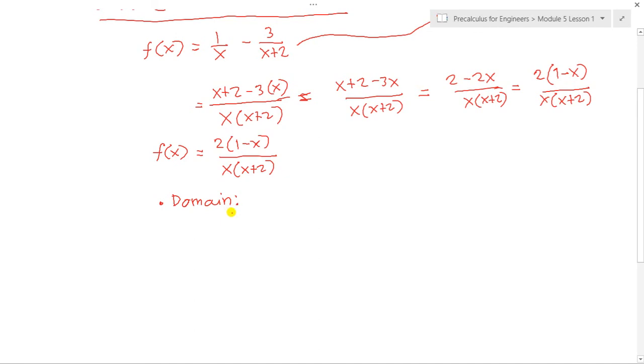Sa domain class, the first restriction is that your denominator must not equal to, unsa man? 0. So, must not equal to 0. So, unsa day values nga maka-create or maka-resulta og 0 sa atong denominator?